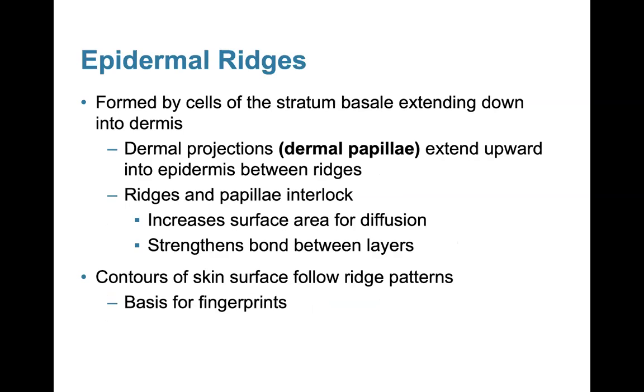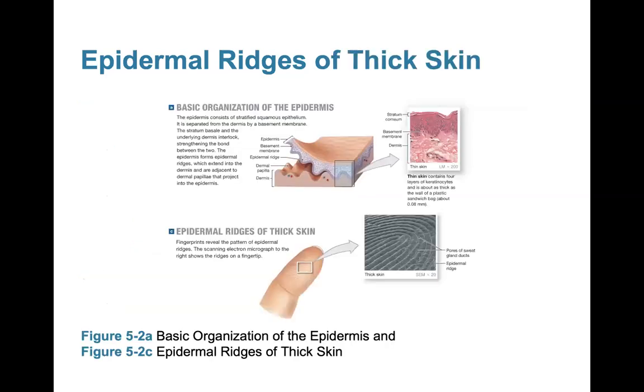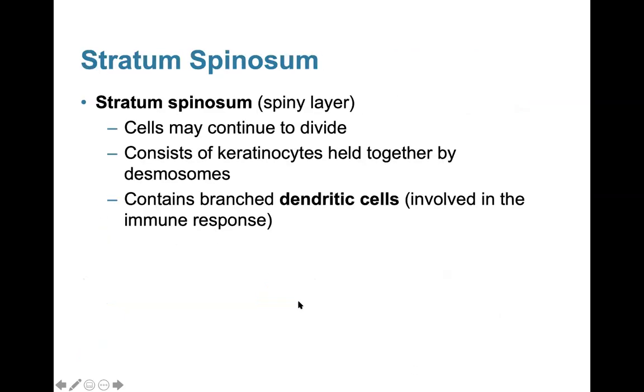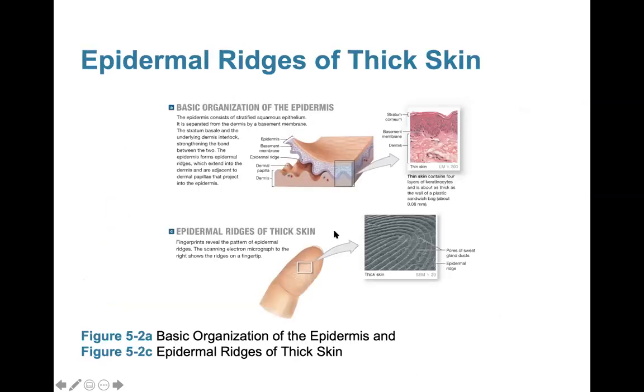Contours of skin surface follow the ridge patterns, and this is really the basis for fingerprints or any line markings on the surface of your skin. As you can see here, this is all due to the epidermal ridges that we find, these line patterns.